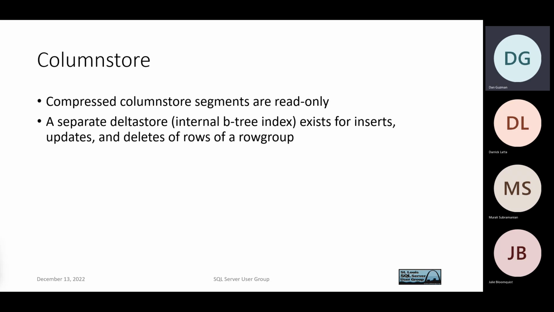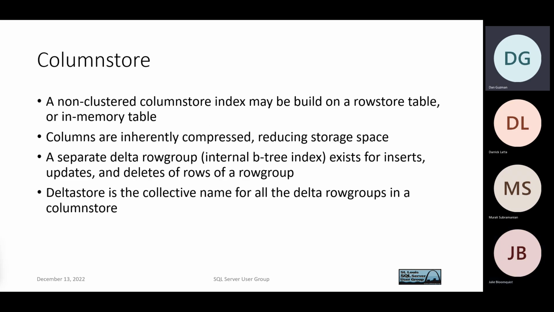There's a separate process in the newer versions of SQL Server called the tuple mover that will take the B-tree data from the delta store and apply it, essentially for all practical purposes rebuilding the column store index in the background, to make it compressed again. That way the data doesn't waste as much space, because while it's in the delta store, it's taking up the normal amount of space as if it wasn't compressed at all.